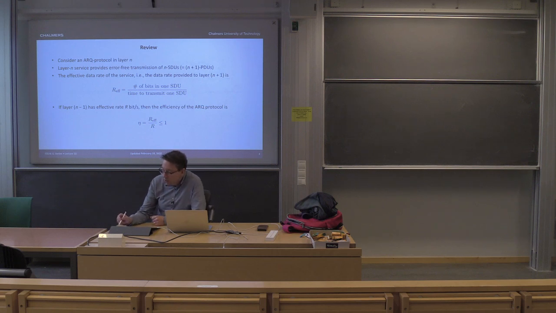So what we talked about last week was these ARQ protocols. ARQ is another word for retransmission protocols. These are implemented at some layer. Suppose we have layer 3 here. We could have layer 2 also if you like, or layer 4. But just for simplicity, say that we implement this in layer 3.